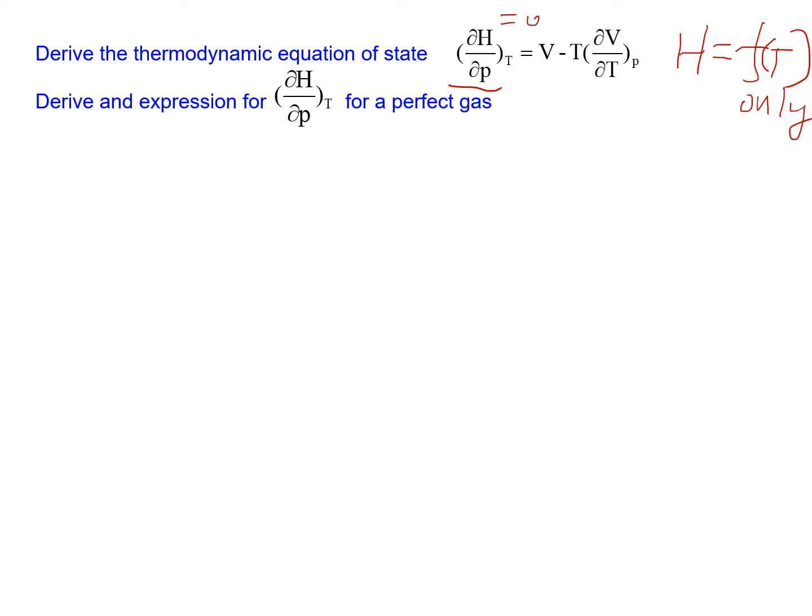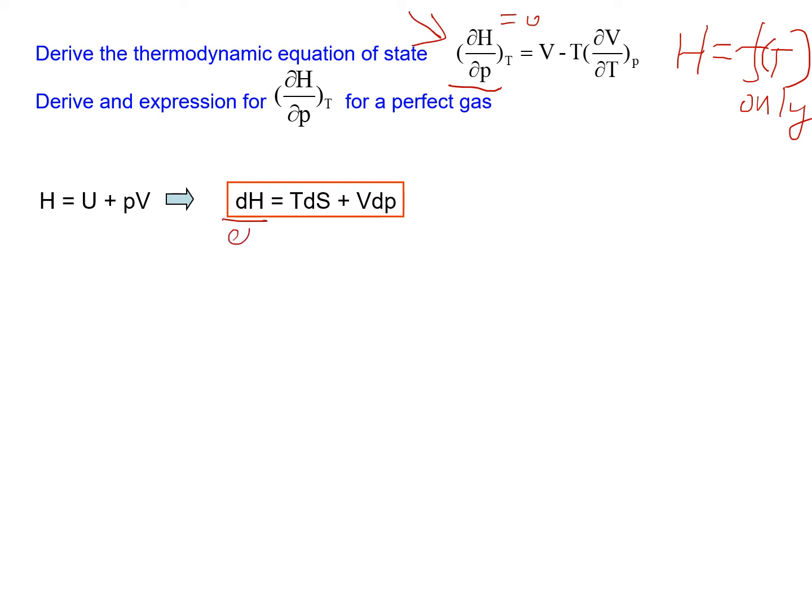To derive this equation, we start with the fundamental equation, which tells you how enthalpy changes when entropy and pressure change. We have four fundamental equations, and one of them is about enthalpy change. To calculate the partial derivative, we divide by the pressure change under constant temperature.